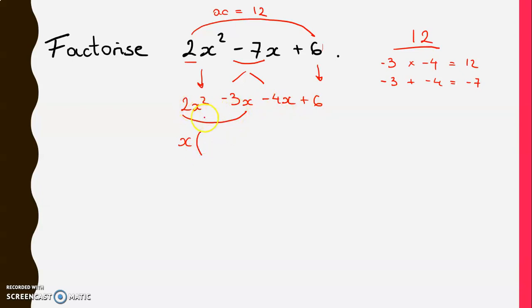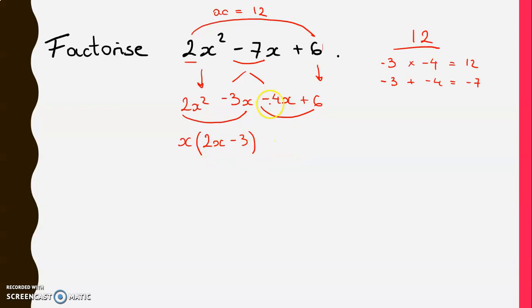We factorize these two: x is the common factor. 2x squared divided by x leaves 2x, and minus 3x divided by x is minus 3. Now you focus on the last two terms, minus 4x plus 6. Again, you factorize these two terms, and your aim is to end up with the same bracket.